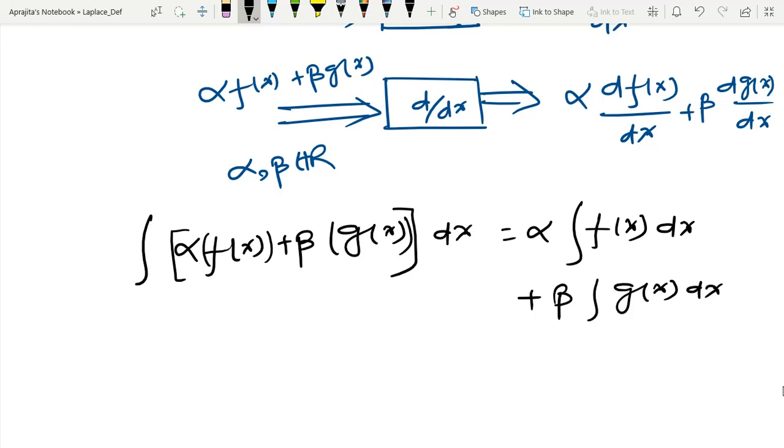And if I say that it is an integral transform, then automatically it will satisfy this kind of linearity property. And also we are going to see some other properties. So let us talk about the integral transform.